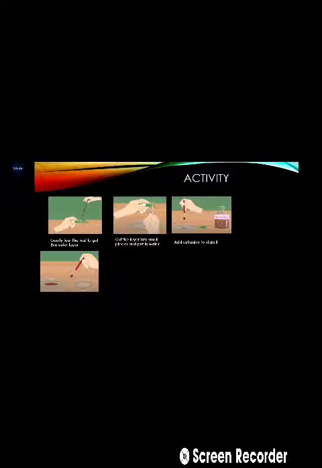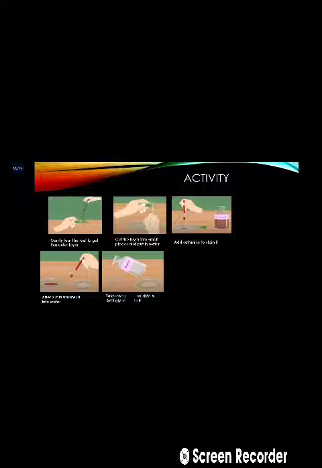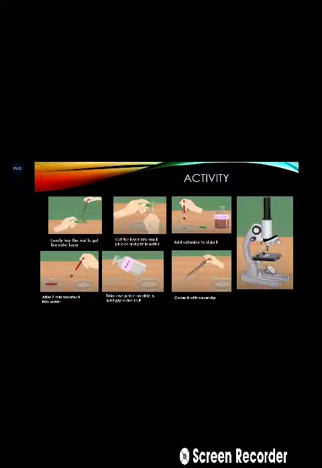For 1 minute, keep it in the safranin dye and again dip it in the water to drain out the excess stain. Take one piece on a cover slide. Add 2 drops of glycerin and cover it with the cover slip. Then observe it under the microscope.